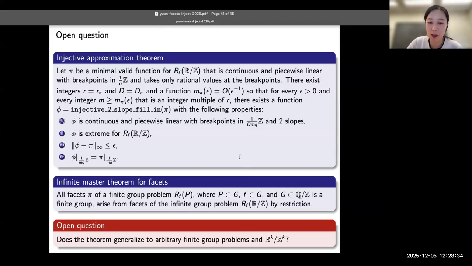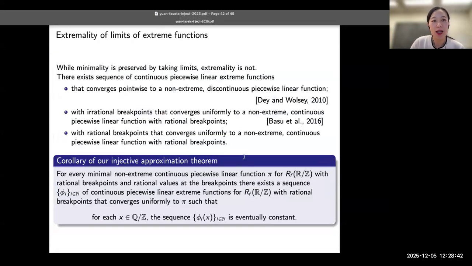Here we take a finite group that is a subgroup of the cyclic group. In addition to that, maybe the master infinite group theorem also clears doubts in a separate direction regarding the extremality of limits of extreme functions.